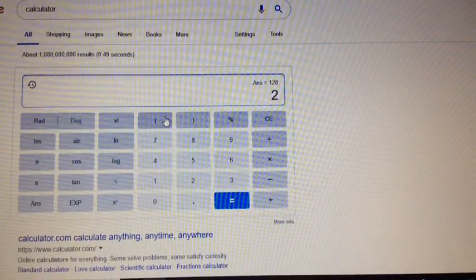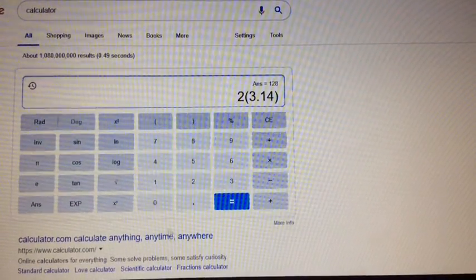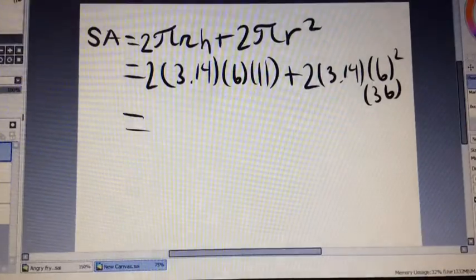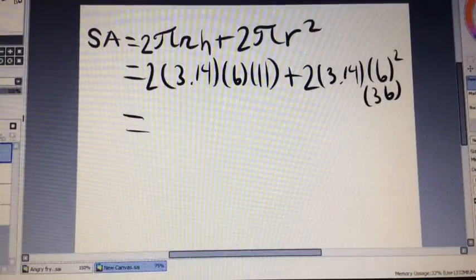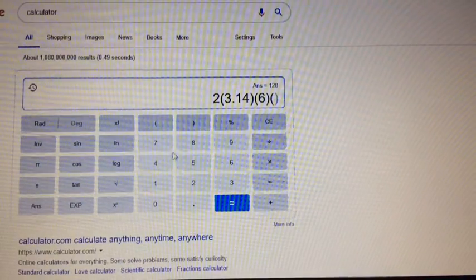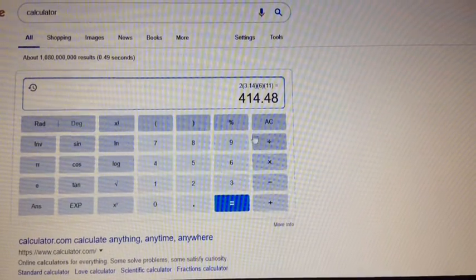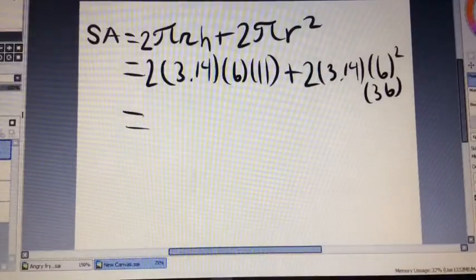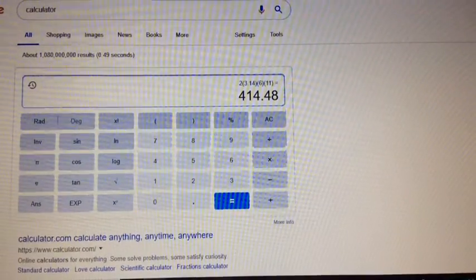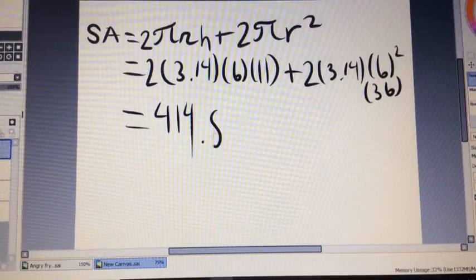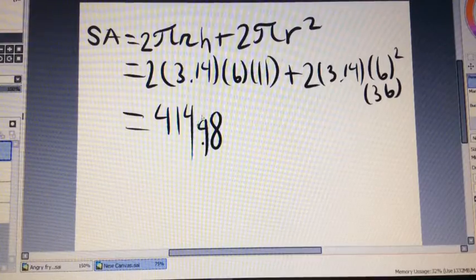So 2 times 3.14 times 6, which is our radius, times 11, which is our height, and here we go. We have our first number, which is 414.48. There we go.